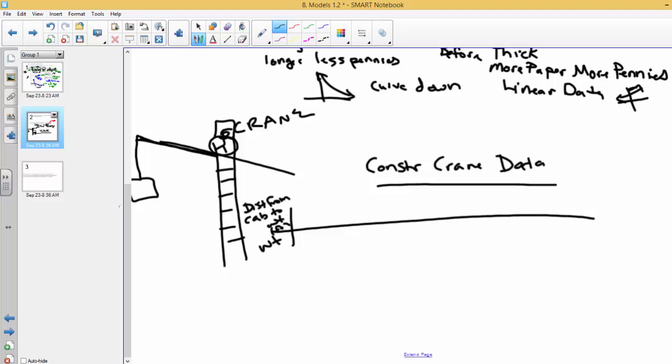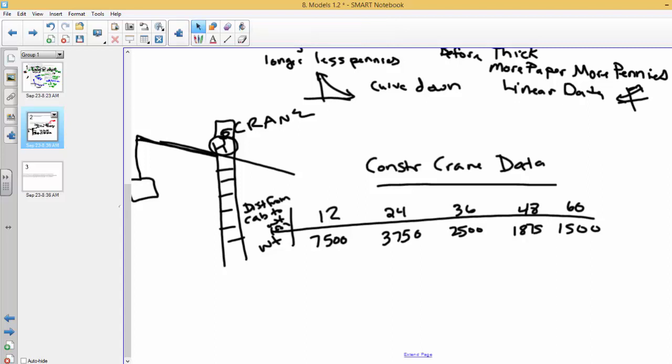Okay, so 12 feet away, the weight is 7,500. 24 feet away, the weight is 3,750. 36 feet away, it's 2,500. 48 feet away, it's 1,875. And 60 feet away is 1,500.